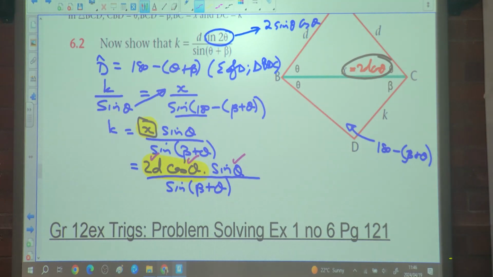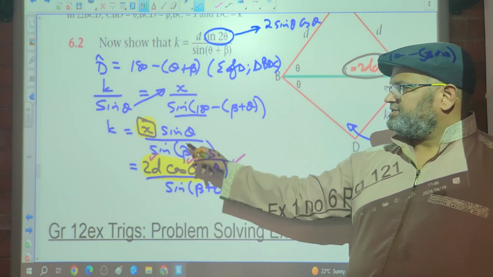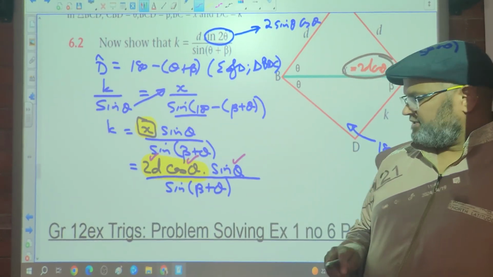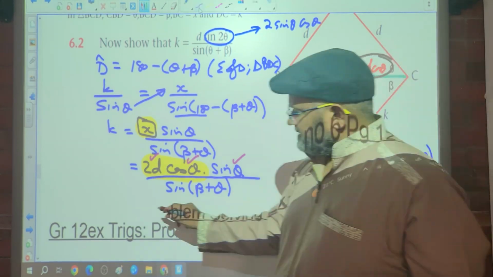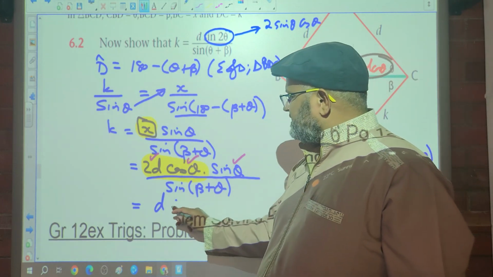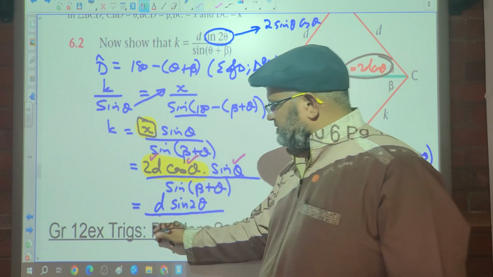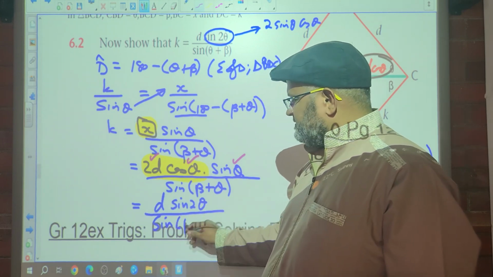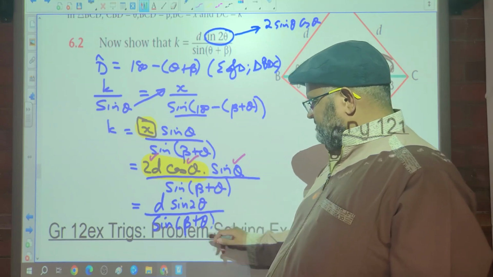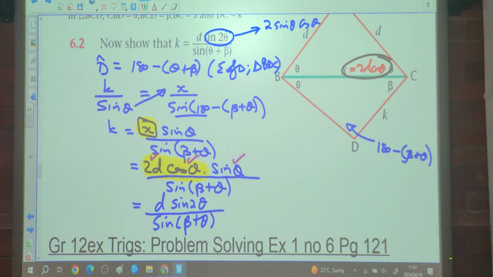You see that, people? So together 2 sine theta cos theta makes sine 2 theta. So that is equal to d sine 2 theta over sine beta plus theta.